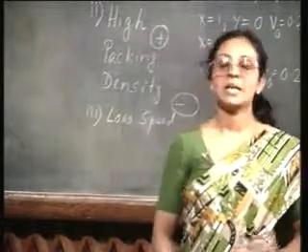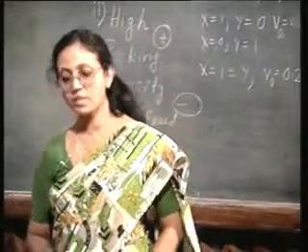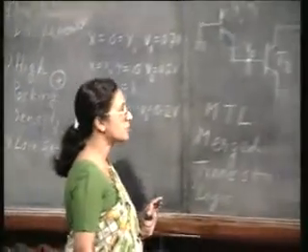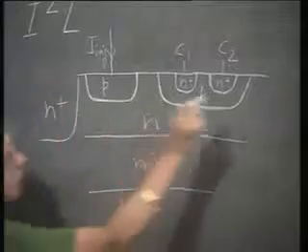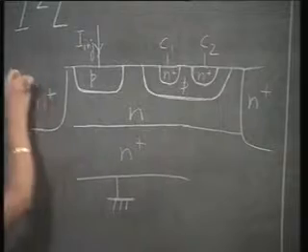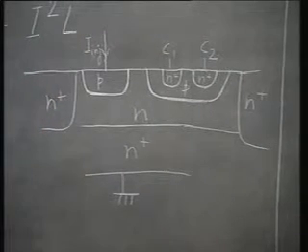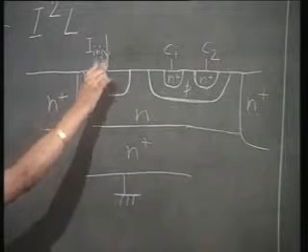But of course, in order to make the circuit perform in a more efficient manner, you can use two N plus regions called the N plus collars on both sides of the P diffusion. This is simply done in order to facilitate hole injection. You see, you are injecting current.